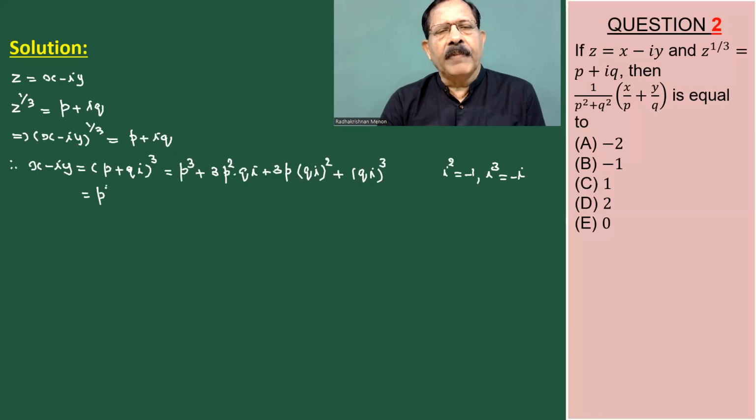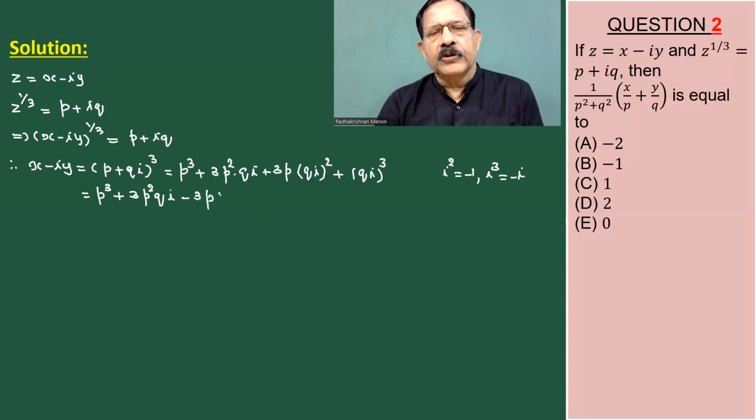So we are getting p cube. Next 3p squared qi. Now here i squared is appearing, so we are writing minus 3p q squared. Now minus q cube. So I am grouping the real part. So it is p cube minus 3p q squared, and the imaginary part is 3p squared q minus q cube.